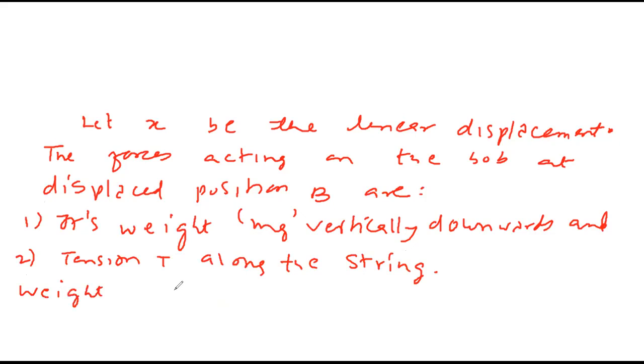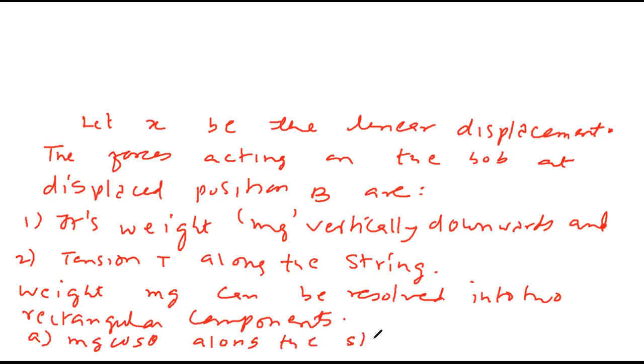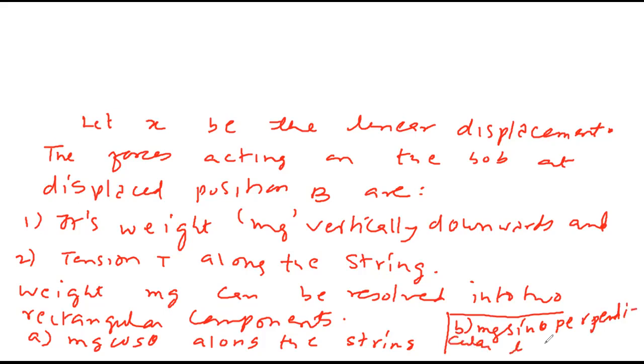Weight mg can be resolved into two rectangular components: A, mg cos theta along the string, and B, mg sin theta perpendicular to the string.